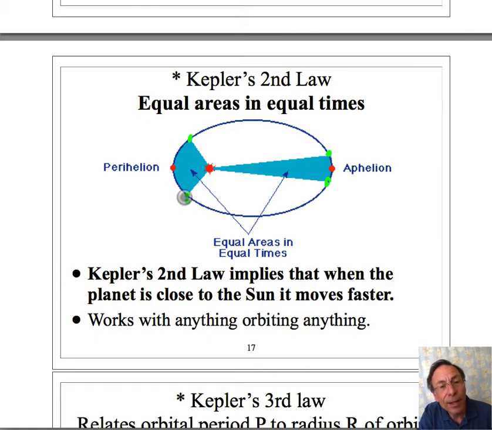So, yeah, it's going faster, so it's gone further. And the interesting thing is that when you work out this area, they're equal. This area equals that area. And if you think about it, that sort of says it's got to be going slow here and going fast here. It's a very strange way of expressing it, but that was Kepler's way of doing it, and that's called Kepler's Second Law, the equal areas in equal times law.